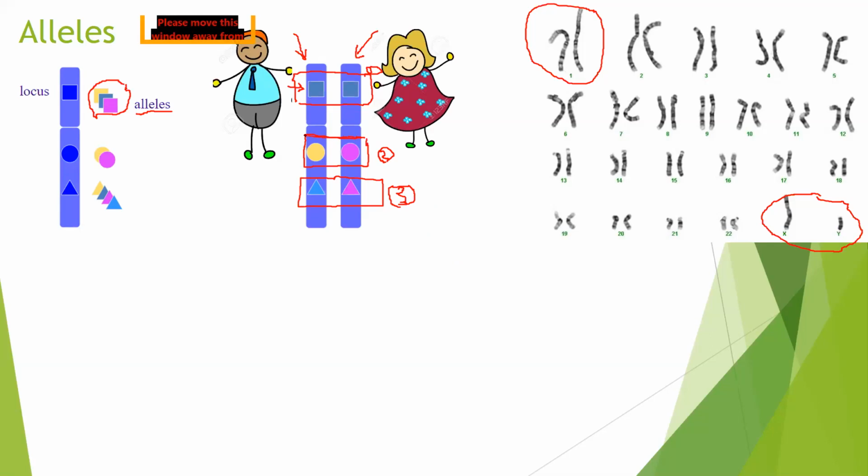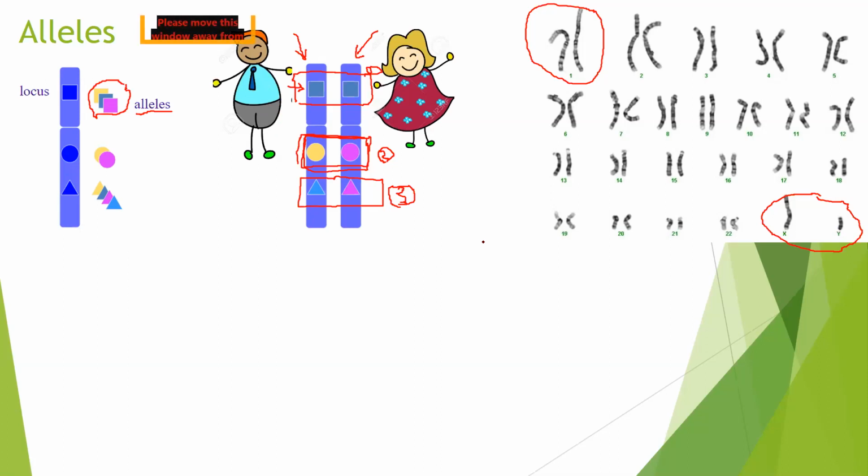But for the second locus, now we're talking about a different gene at a different locus on the chromosome. Here you see the homologous chromosomes both have the same gene, the same shape, but a different color, which means the allele from the father is different from the allele inherited from the mother. Is that clear?